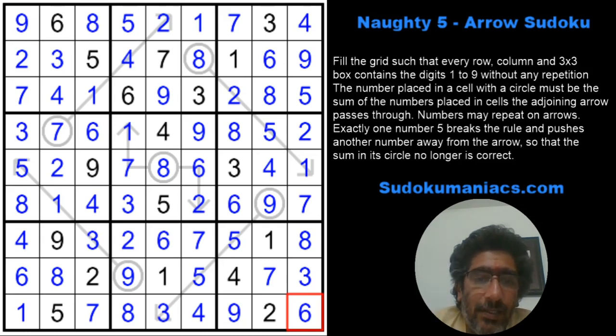No, the 5 that has replaced another number, if I was to put the number back again, it should form a legitimate arrow sum. And that is the reason we use that logic to get to the 9 in row 6 column 8, because the 5 has to replace the digit 1, right? Because 1, 3, 5 would give me 9, any other digit would add up to more than 10.